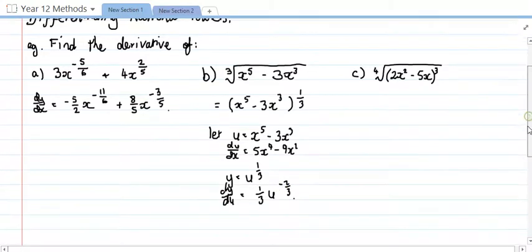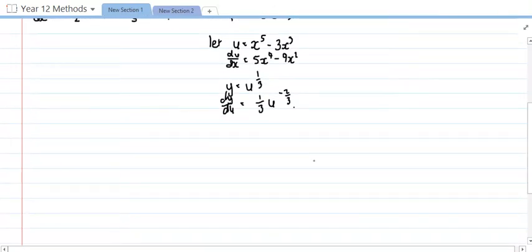The last thing to do here is to actually use the chain rule. So I'm going to say that dy dx is equal to dy du by du dx.